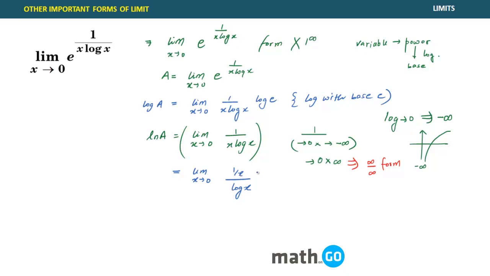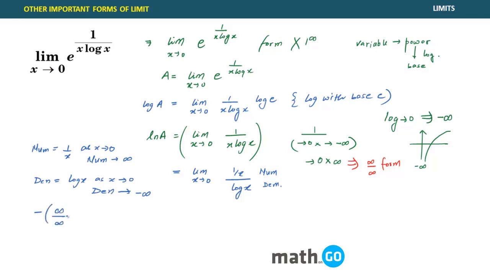So this is my numerator and this is my denominator, right? The numerator is 1 by x. As x approaches 0, the numerator tends towards not 0 but infinity. And the denominator is log x. And again, as x approaches 0, the denominator tends to minus infinity. This reduces to your infinity by infinity form.